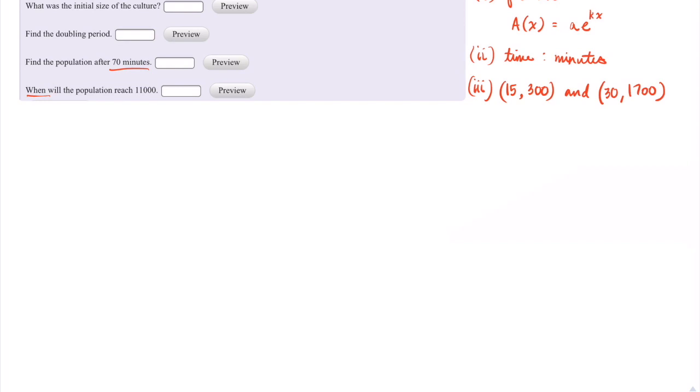So we have two ordered pairs, and that tells us that x is going to be the time in minutes, and A would be the number of bacteria. You can see that it grows pretty fast. Okay, so let's go ahead and find the initial size of the culture.